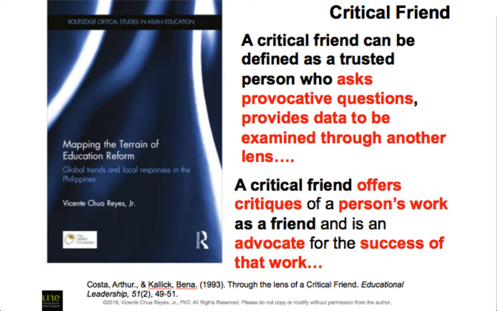So my role and the role of the other members of the social science team is to be your critical friends. This book right here is my latest publication, published early this year, 2016, and it's an example of how I critically engage with educational policy and practice. This is a book entitled Mapping the Terrain of Education Reform: Global Trends and Local Responses in the Philippines.